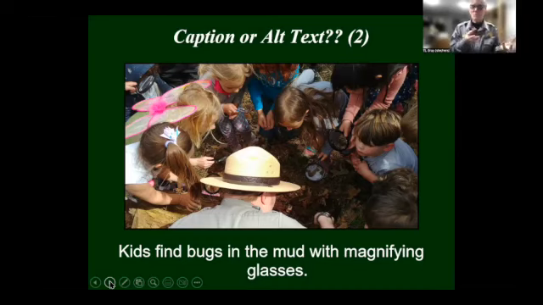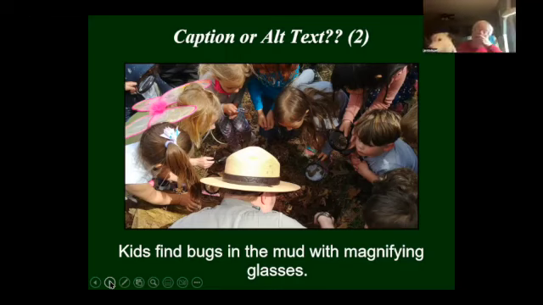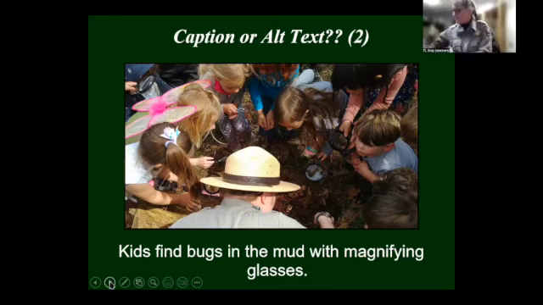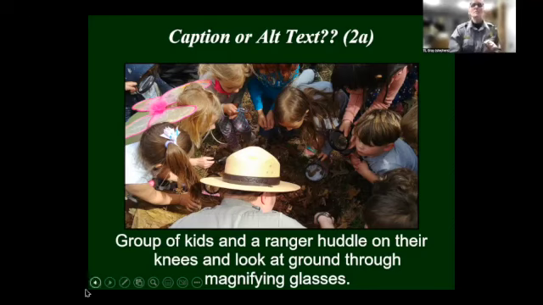If the context was that there are bugs here, and rangers like to show kids bugs in the mud, then I can say that. Okay, so now we're going to move to 2A. Now we have a group of kids and a ranger huddle on their knees and look at the ground through magnifying glasses.